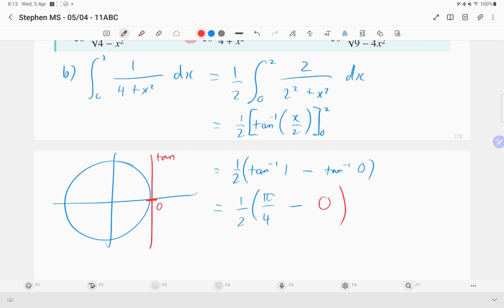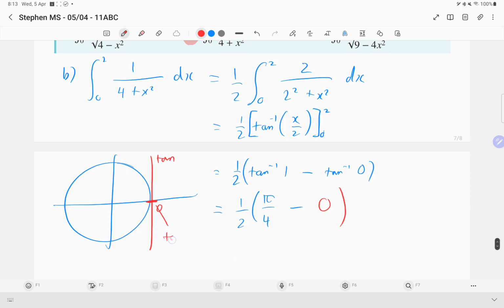It's 0 because tangent of 0 degrees is also 0. Or 0 radians is also 0, because 0 degrees or 0 radians is just that angle there. It doesn't move anywhere, so it cuts the tangent at 0. So tan 0 is 0. Cool. So that would just be pi on 8.